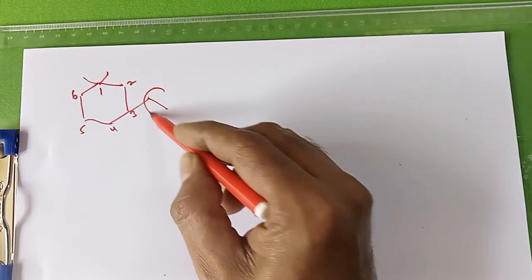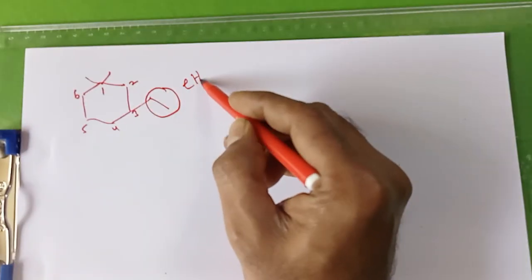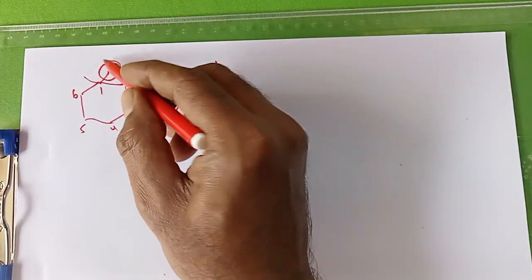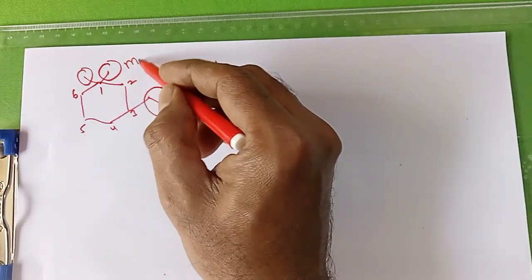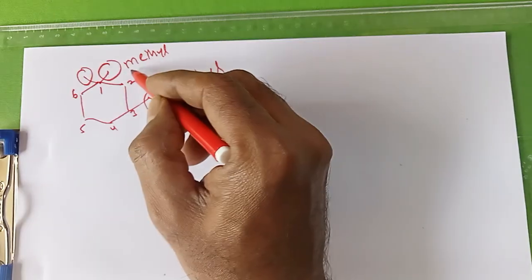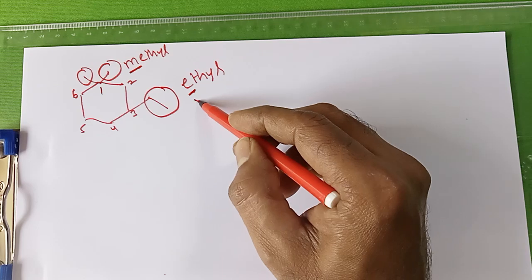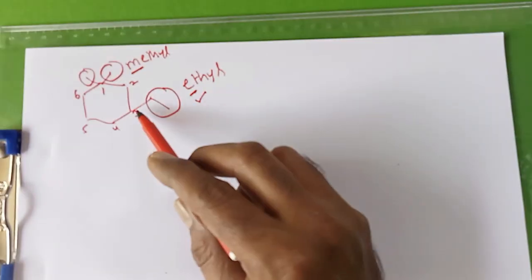So what is this name? It is an ethyl, E underlined. What is this name? Methyl, M underlined. So according to alphabetical order, E first. Ethyl group at the third carbon.